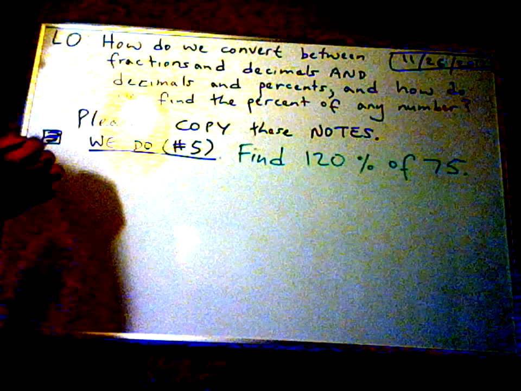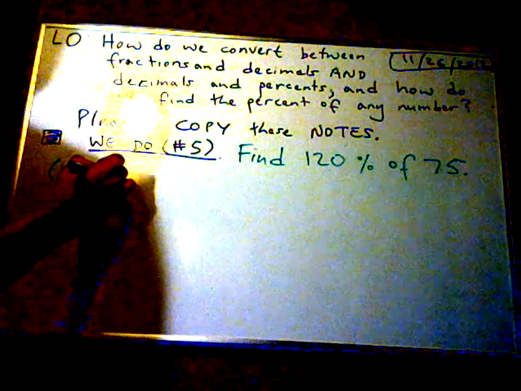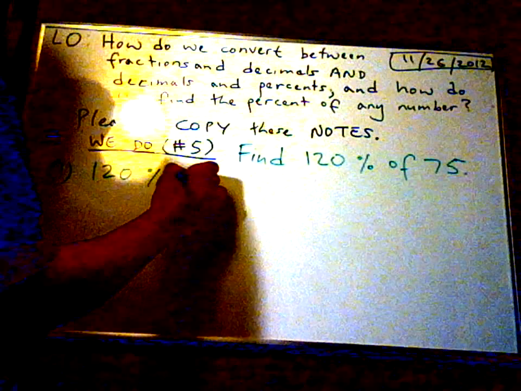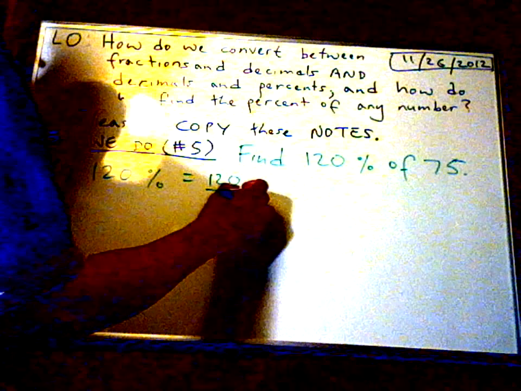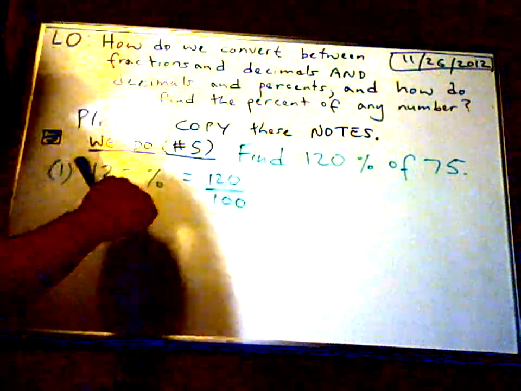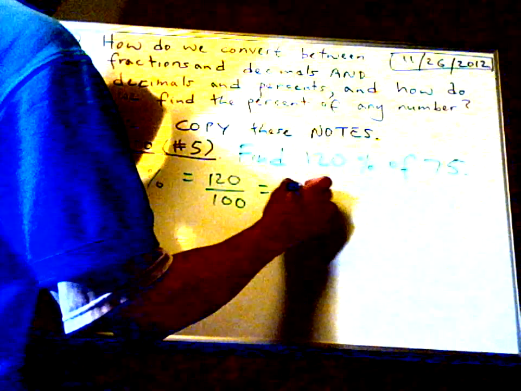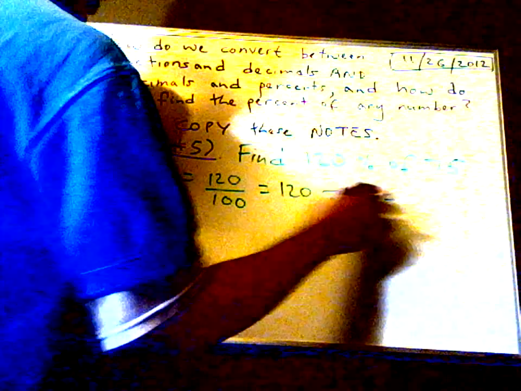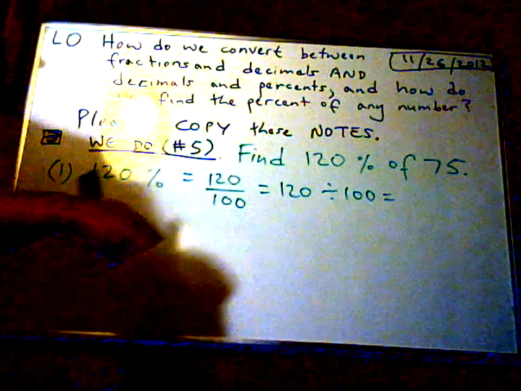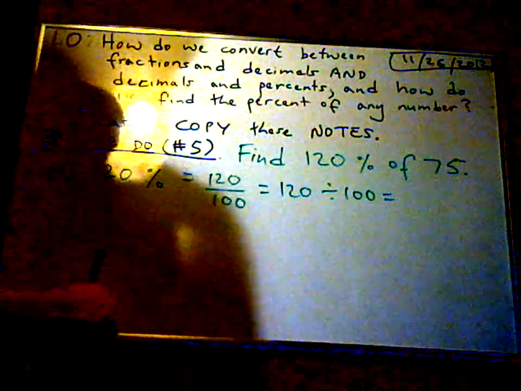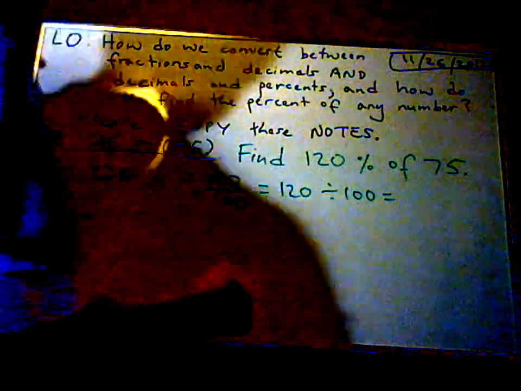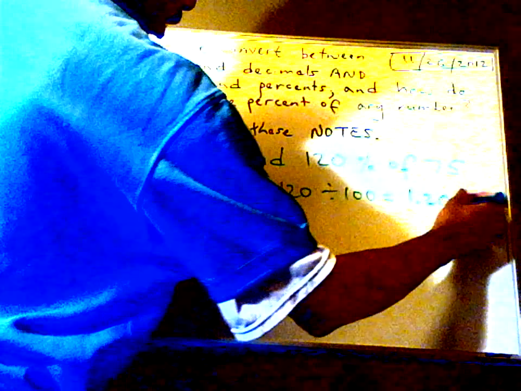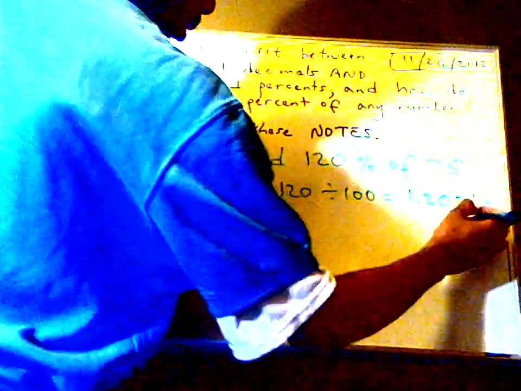Okay, so notice here that 120% is the same as 120 divided by 100. Percent is always out of 100. It's a division problem, and I get 1.20, which your calculator gives you as 1.2. Same thing.